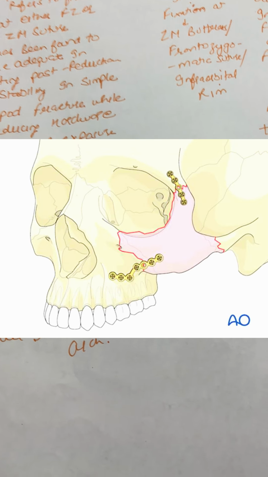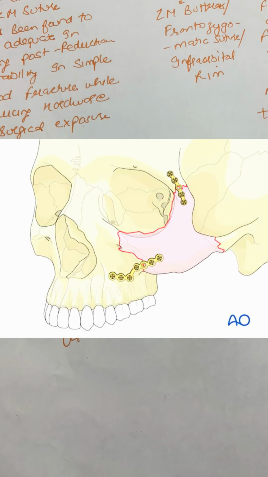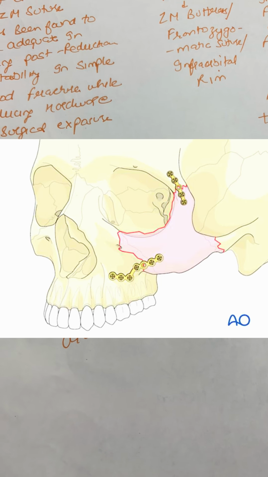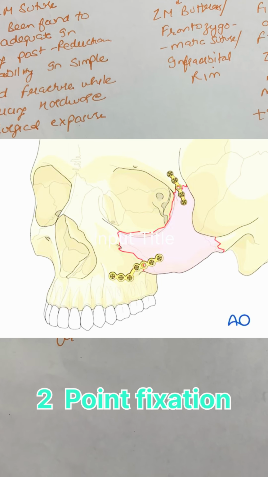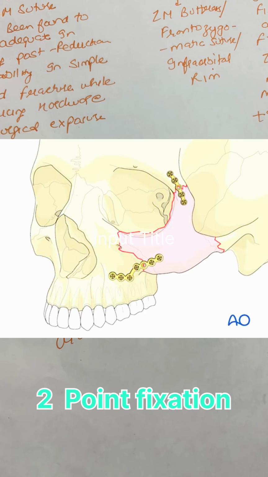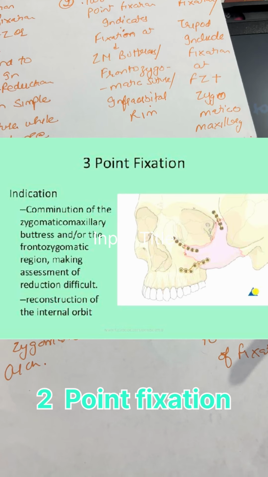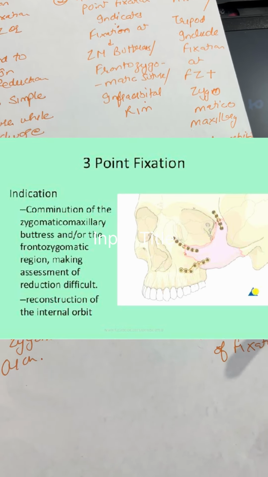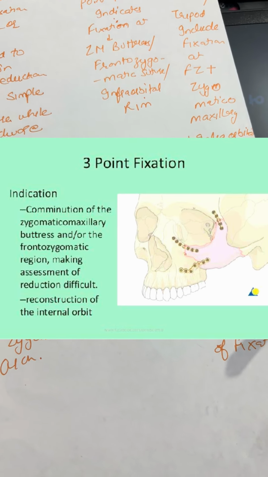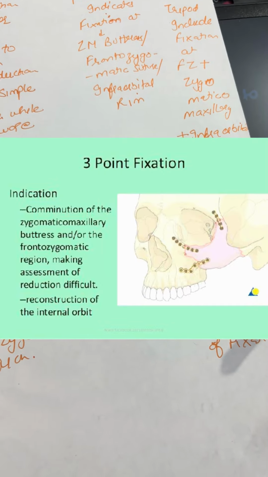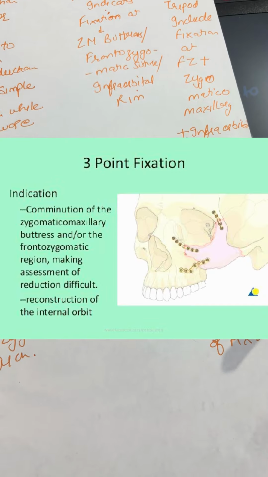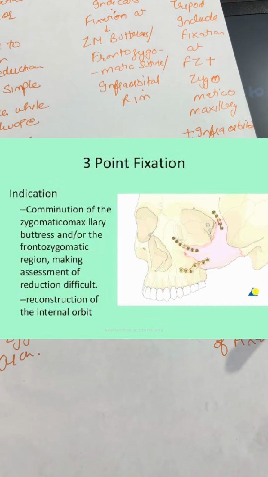Second one is two-point fixation, which indicates fixation at the zygomatic buttresses, frontozygomatic suture and infraorbital rim. Third one is three-point fixation, also called tripod. It includes fixation at frontozygomatic and zygomaticomaxillary plus infraorbital rim.